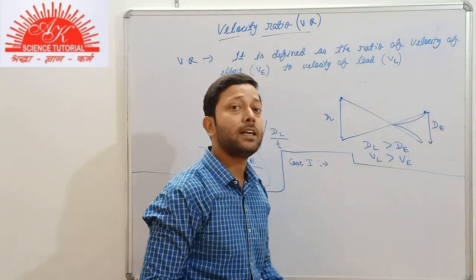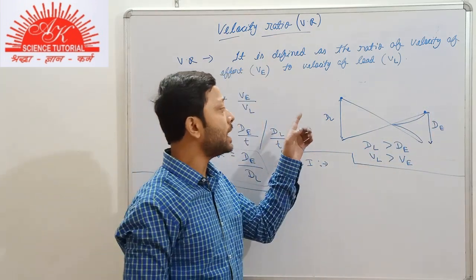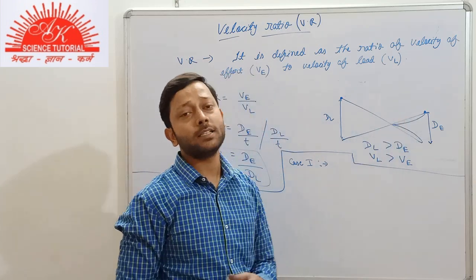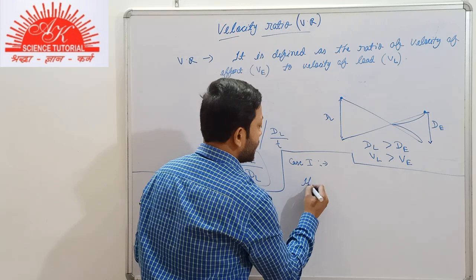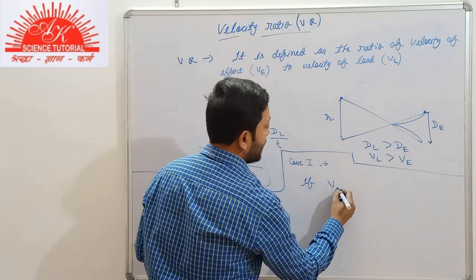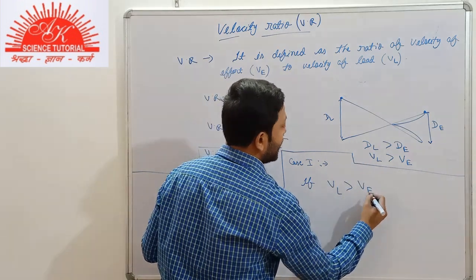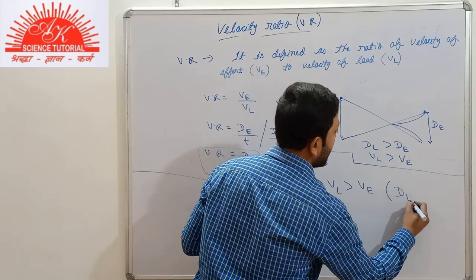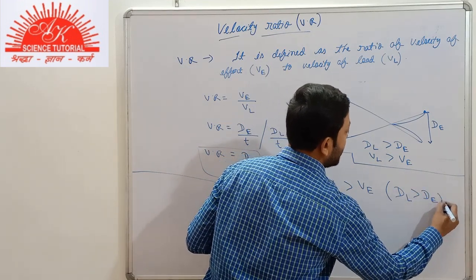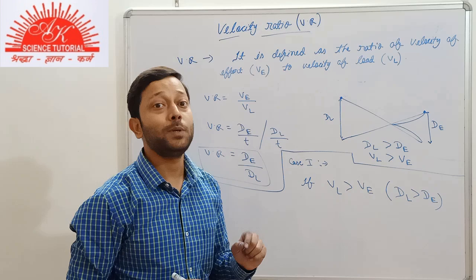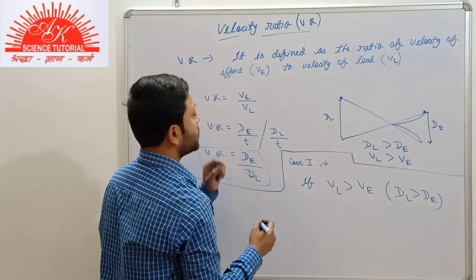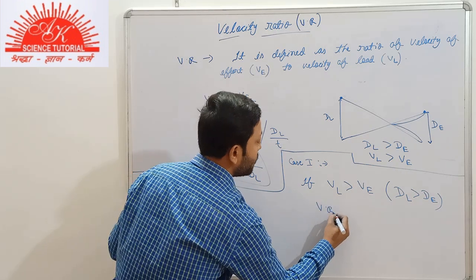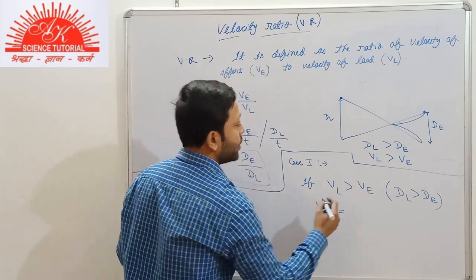So VL is greater than VE, and I told you that such a machine is known as a speed multiplier. What do we conclude? If VL is greater than VE, or DL is greater than DE, the machine is a speed multiplier. So in this case, if you find the velocity ratio for such a machine, what will be the ratio?